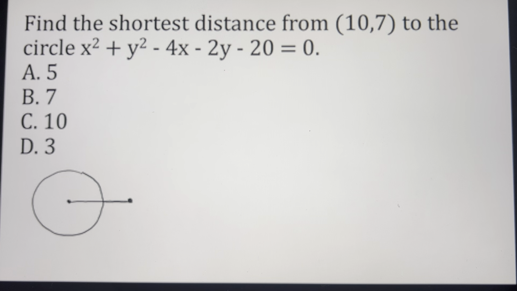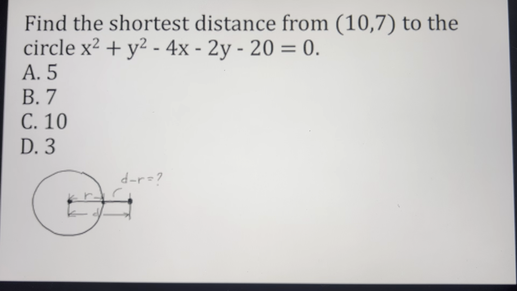From this point up to this point, this is what we call the distance between 2 points. And this one up to this one, that is our radius. So our shortest distance here will be d minus r.